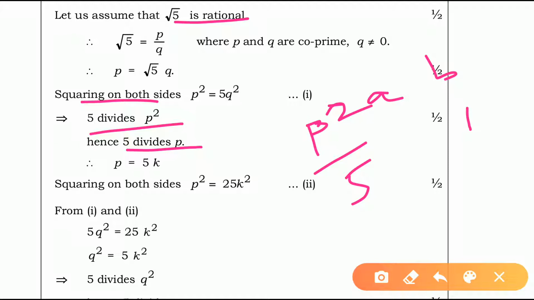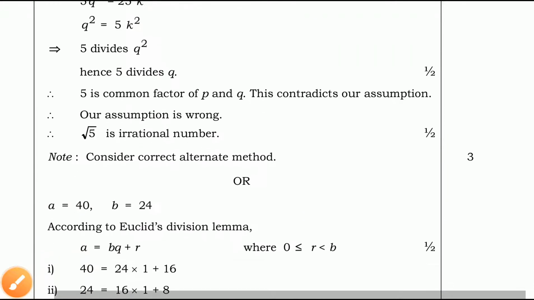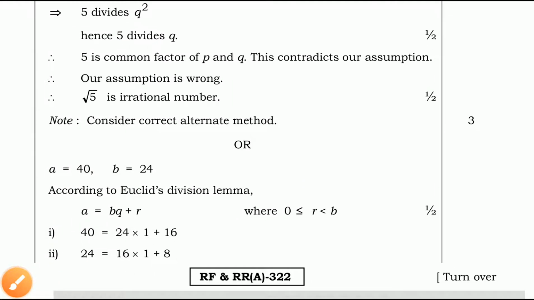Again squaring on both sides, p square is equal to 25k square, from equation 1 and equation 2. 5 q square is equal to 25k square, then q square is equal to 5 times k square. 5 divides q square, hence 5 divides q.